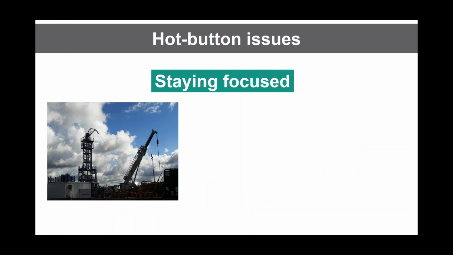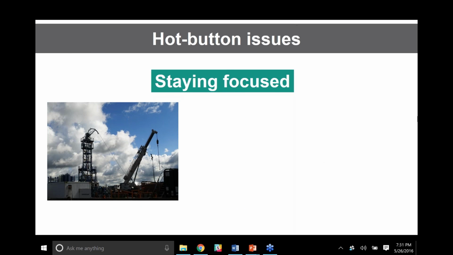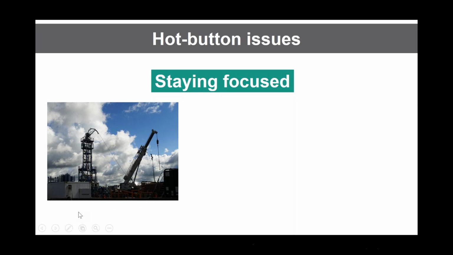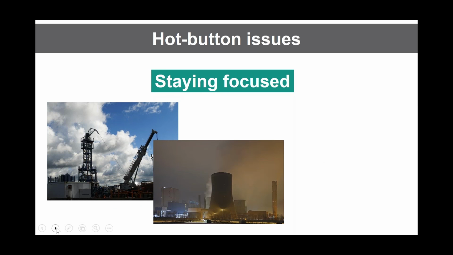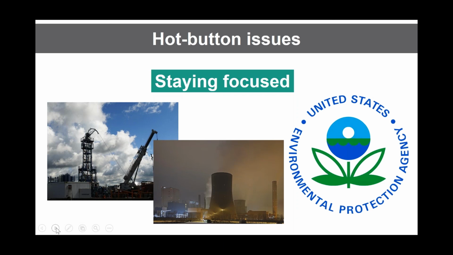We're going to talk about a few really intense issues like fracking, nuclear energy, and EPA regulations. These can elicit very strong responses from either side, and therefore have the potential to bring a conversation off track and distract from the direction you want to be going.